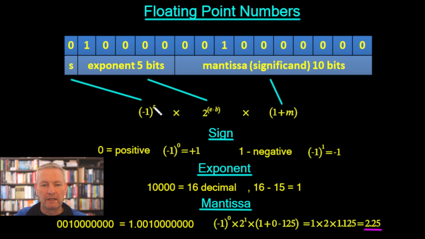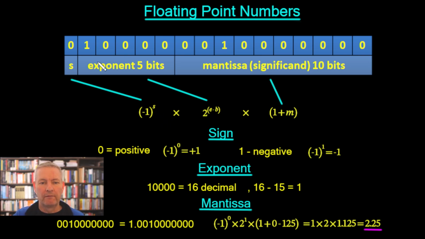So this little thing here, minus 1 to the s, well, s is just the sign bit. So in this case here, we've got a sign bit of 0. So if we say minus 1 to the power of 0, so anything raised to the power of 0 is just a value of plus 1. Okay, so that means that we're going to have plus 1 for the first part here. So that's just telling us we're going to have a positive number.